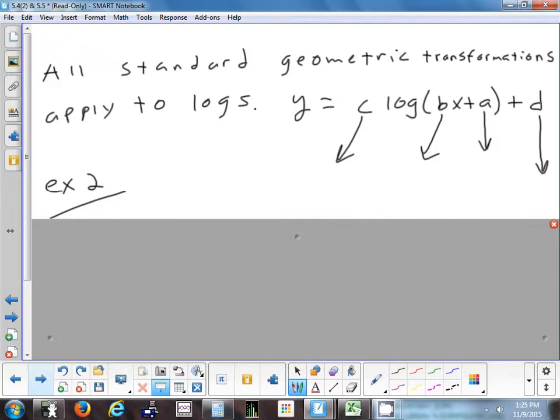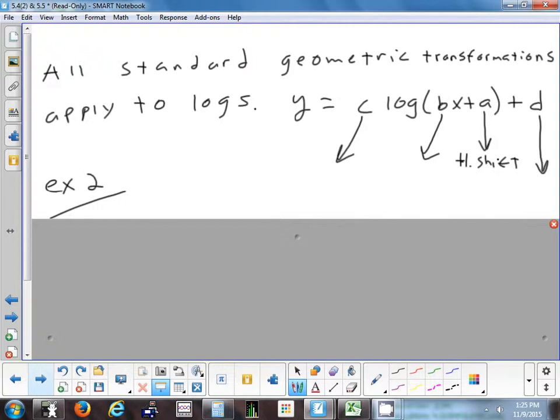We got 2 shifts and 2 stretches. So if you get it wrong, there's only 3 more to pick from. Okay? Horizontal shift. Good. And remember, it's backwards. Plus is going to shift left, minus shifts right. How about B? Yep.